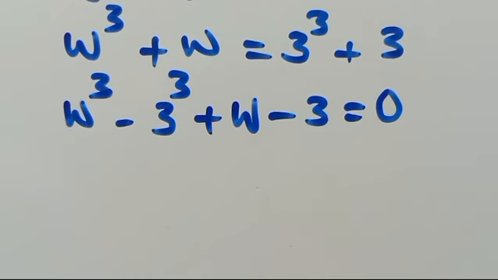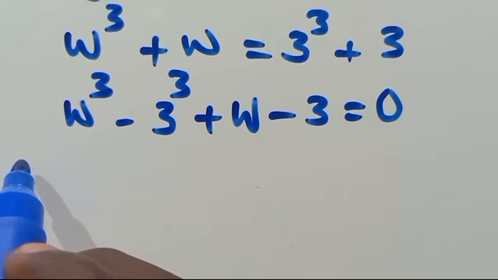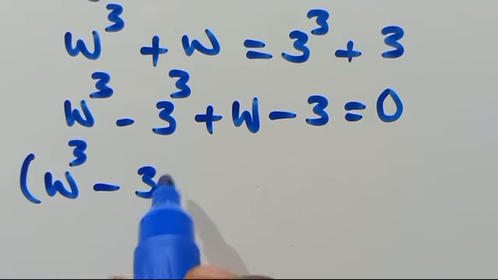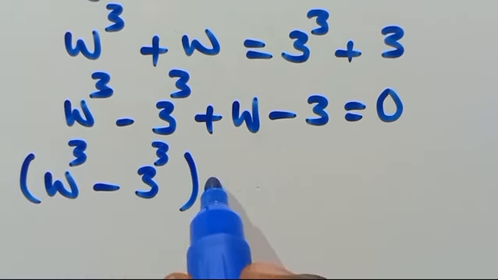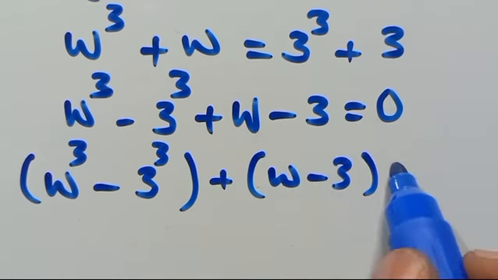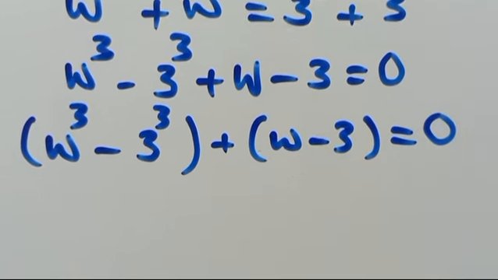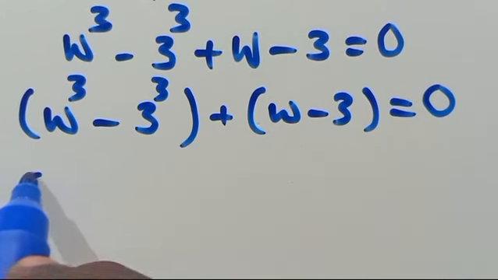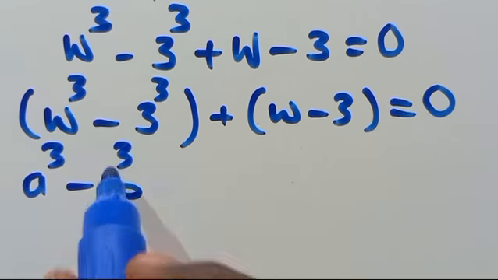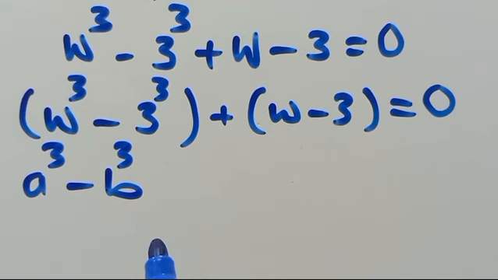Let us have them in parentheses: W to the power of 3 minus 3 to the power of 3, plus open parenthesis W minus 3 close, equals 0. When we have A to the power of 3 minus B to the power of 3, we call this the difference of two cubes.